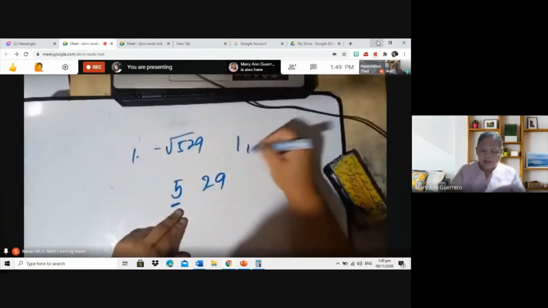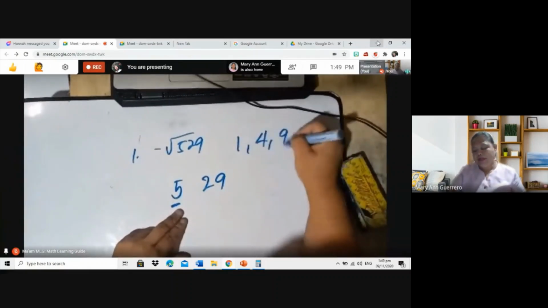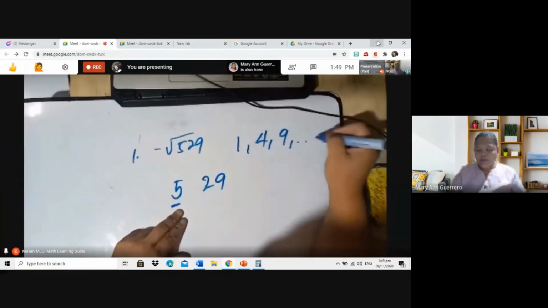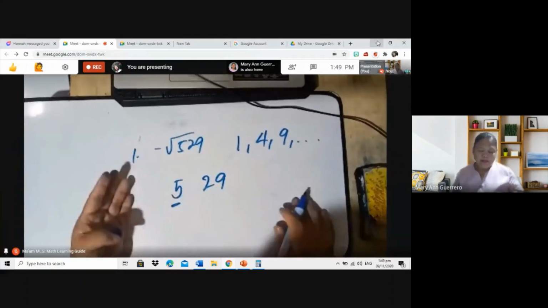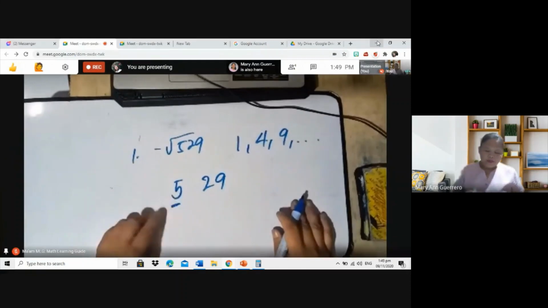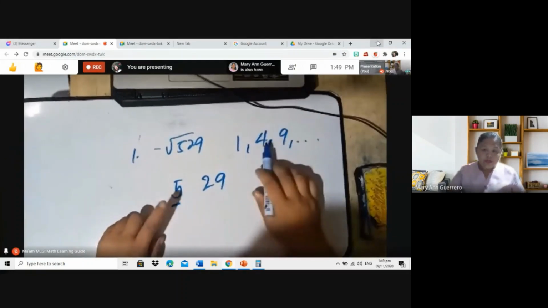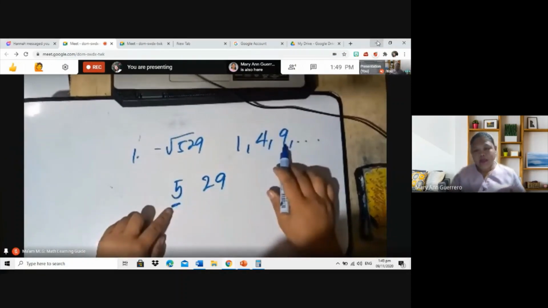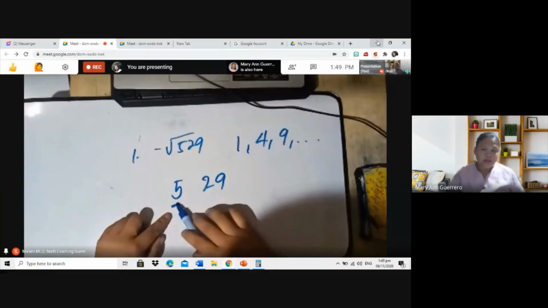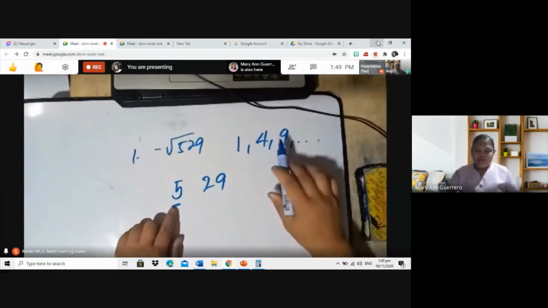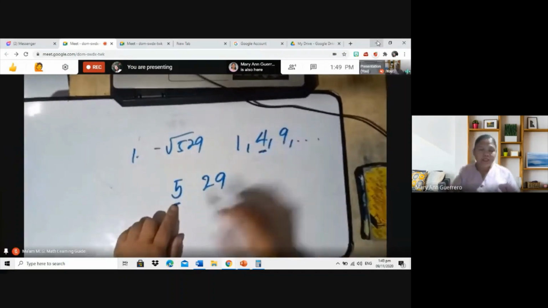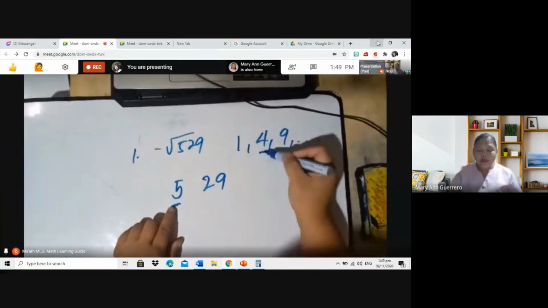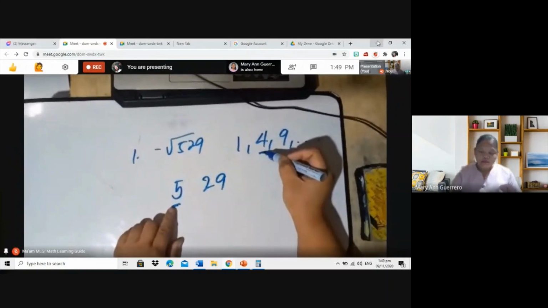Ang perfect squares natin, 1, 4, 9, and so on. So, pinakamalapit pero hindi lalampas. Okay? So, we have 4. Hindi pwede si 9 kasi greater than 5 siya. Okay? So, ibig sabihin nun si 4. Pinakamalapit pero hindi pwedeng humigit kay 5. So, that is 4. Now, what is the square root of 4?